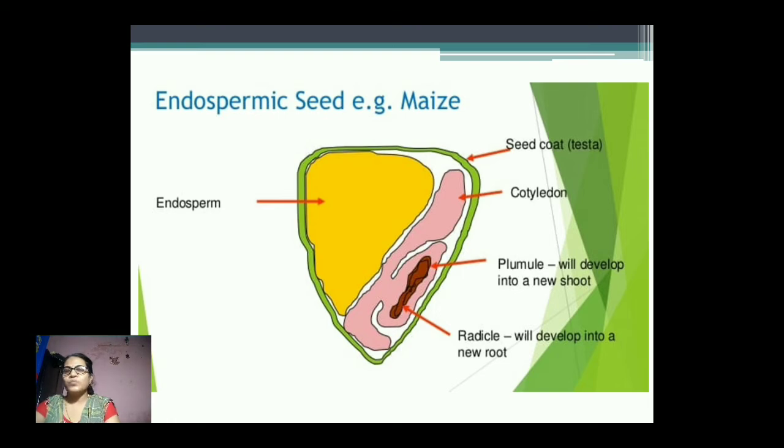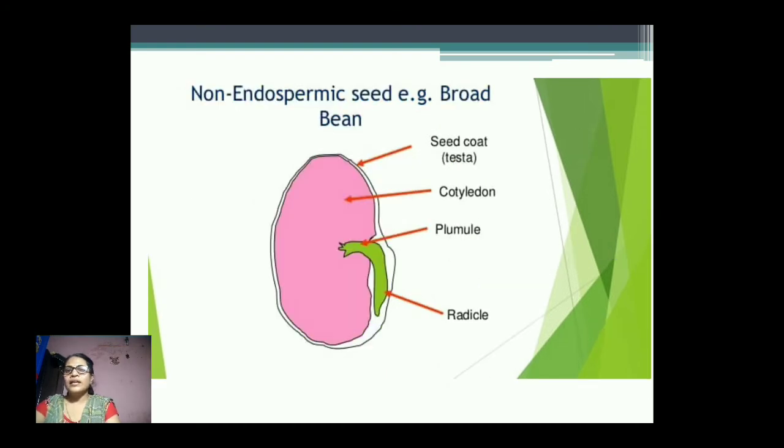Maize. The endosperm is in yellow patches, remaining inside the seed. This is the seed coat, cotyledon, plumule and radicle, which gives the new root. Then non-endospermic seed. Example, broad bean, where the seed coat, cotyledon, plumule and radicle are present.